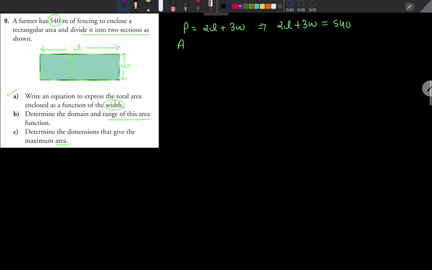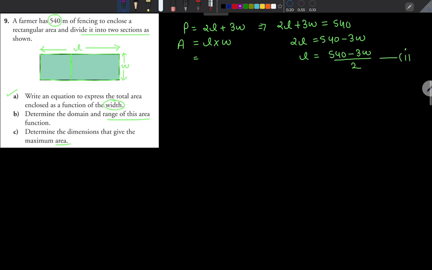The area enclosed by a rectangle is length times width, so the area is L times W. We need to convert the whole thing in terms of W, so L will be 540 minus 3W over 2.